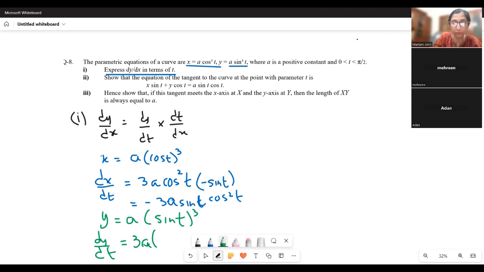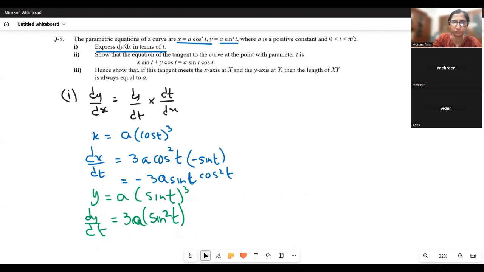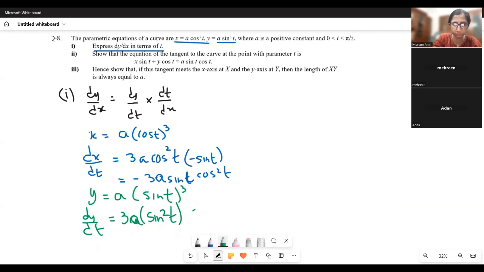Power gets reduced by 1, so it's going to be sine square t. And then you have to derivate sine t again, which is cos t. So we're getting dy over dt equals 3a cos t sine square t.